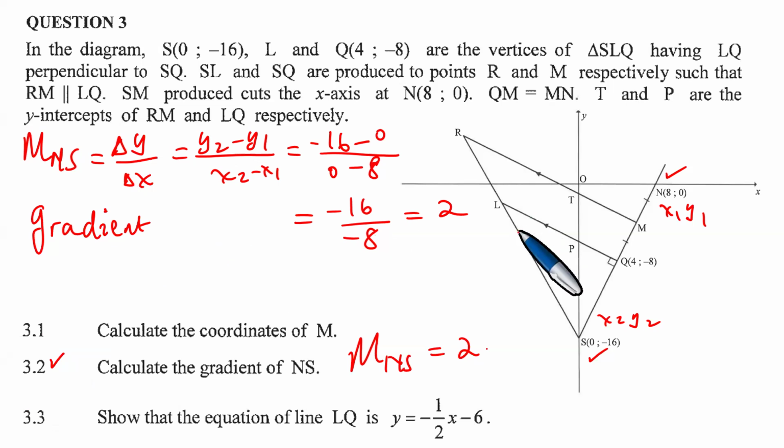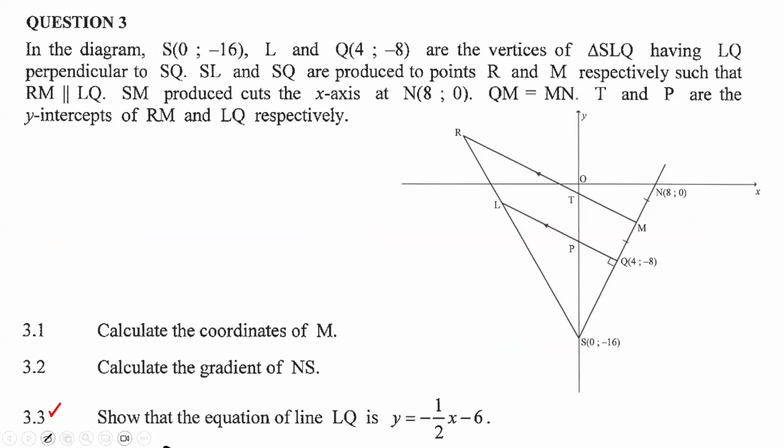In other words, this is delta y over delta x, where delta y is y2 minus y1 and delta x is x2 minus x1. This becomes the answer. Now let us continue to do 3.3. In 3.3, you shall show that the equation of line LQ is given by that.